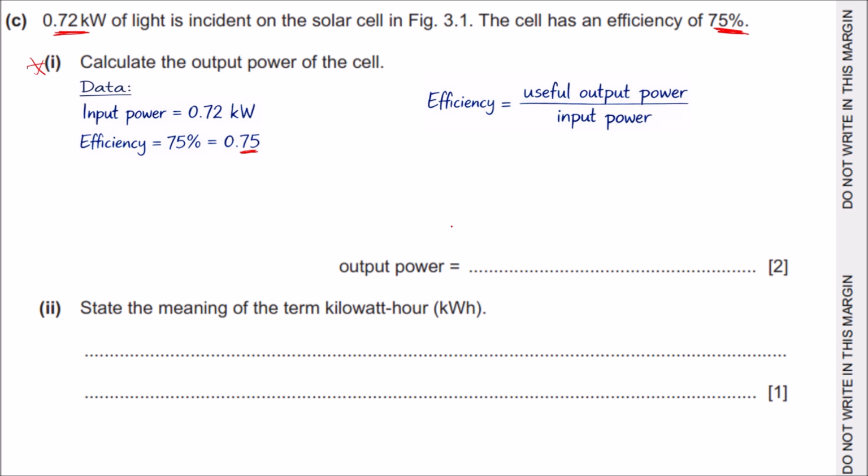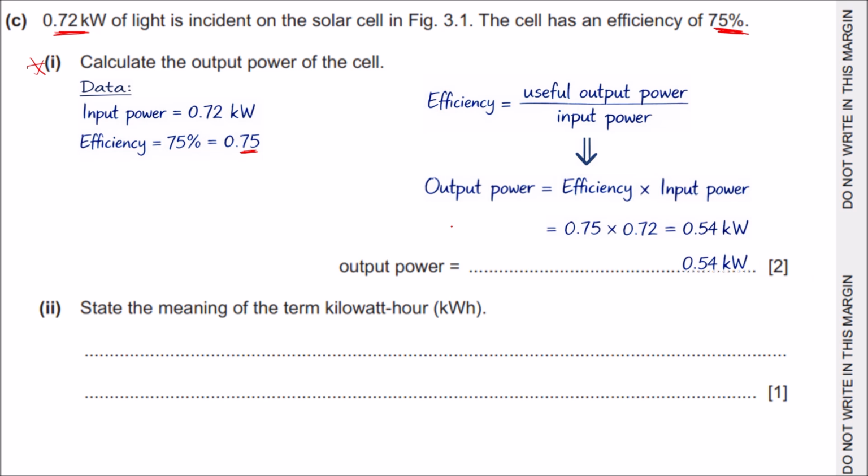We will have output power is efficiency times input power. Then a quick substitution: 0.75, that's our efficiency, times 0.72, that's our input power, getting 0.54 kilowatts. Take note, the units are not given, so your answer is never complete without units.